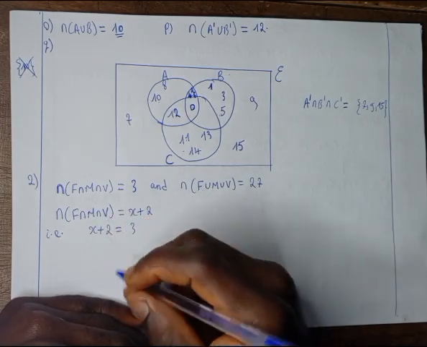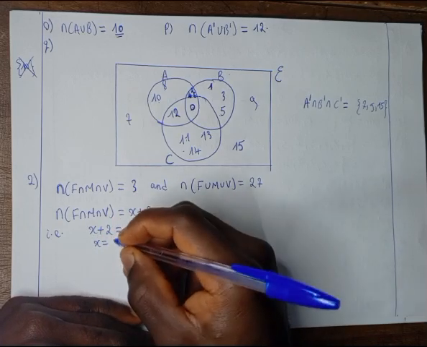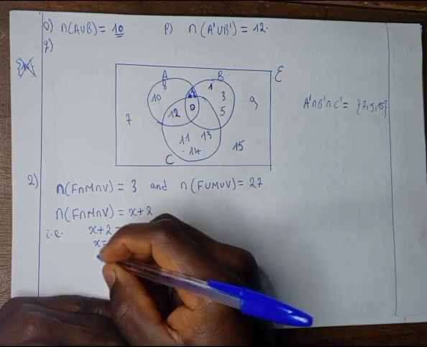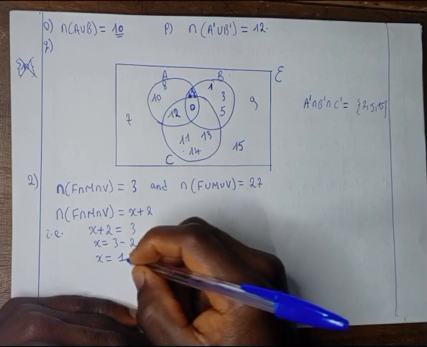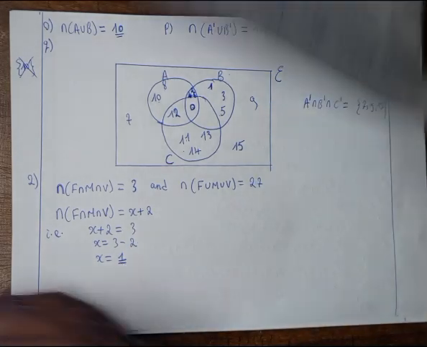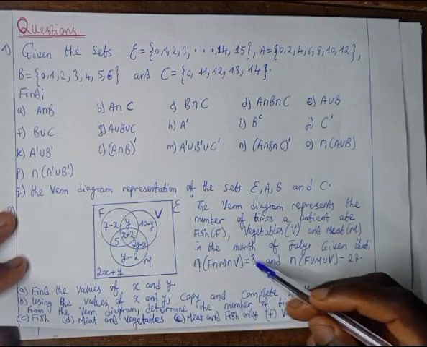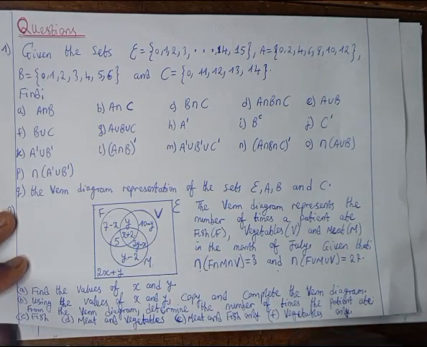This will give us x equal to 3 minus 2, which is simply 1. So if you replace x here with 1, 1 plus 2 gives you 3, which is true.